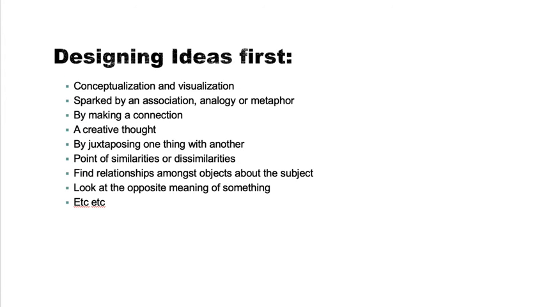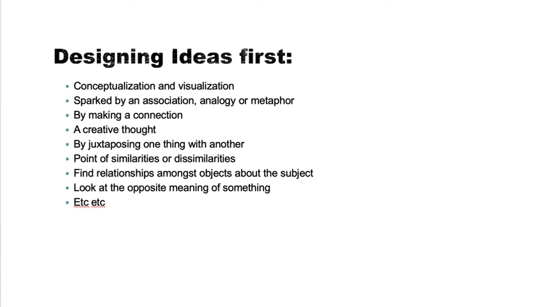All right, so to design your ideas first, there's all kinds of ways of doing this, and chapter 3 is going to give you things to think about, things that you'll want to use in all your future projects. So definitely think about that when you're reading that chapter. You might conceptualize. You might get an idea that's sparked by an association you already know. You might use analogy or metaphor to come up with ideas.